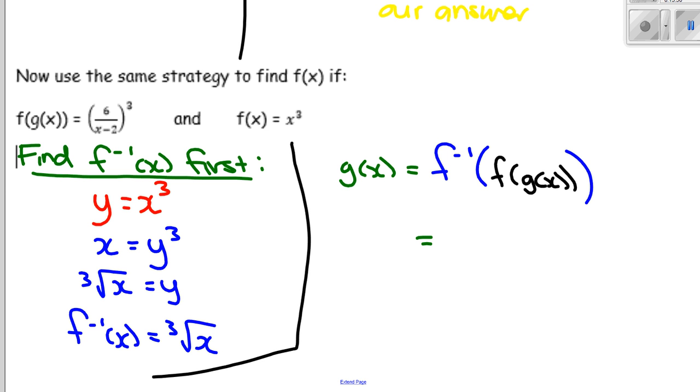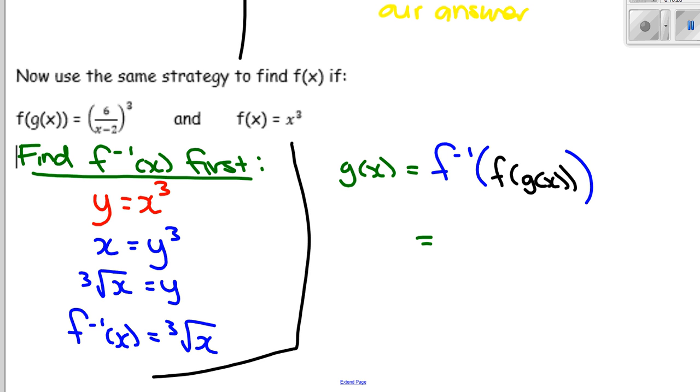So this is just reminding us the thing that was at the top of the page, that a way of finding g of x is you sub the composite into the inverse of the original. Yeah, and that's going to spit out g of x. Because in a way, the f minus 1 and the f are going to cancel out. It's a way of cancelling out the f's.